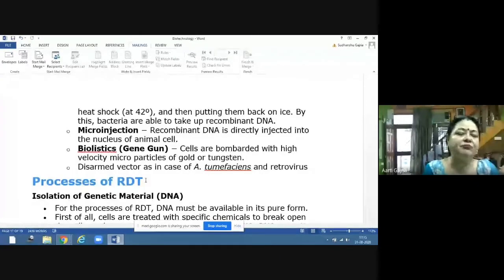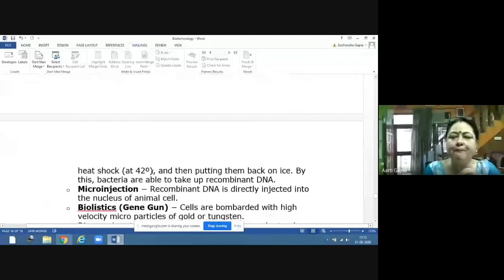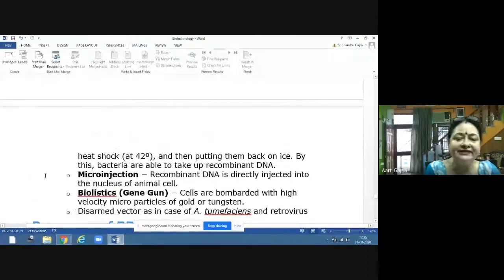So these are the different methods by which the recombinant DNA can be put into the competent host. Once the recombinant DNA is inside the host, it will multiply and form several copies of it. So this is how the process is done.